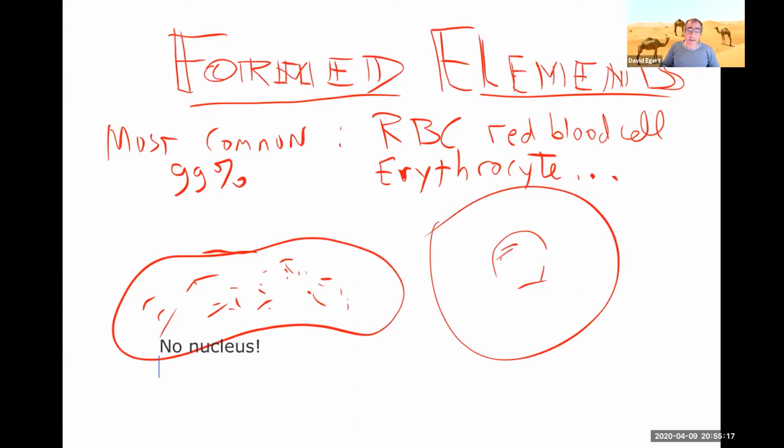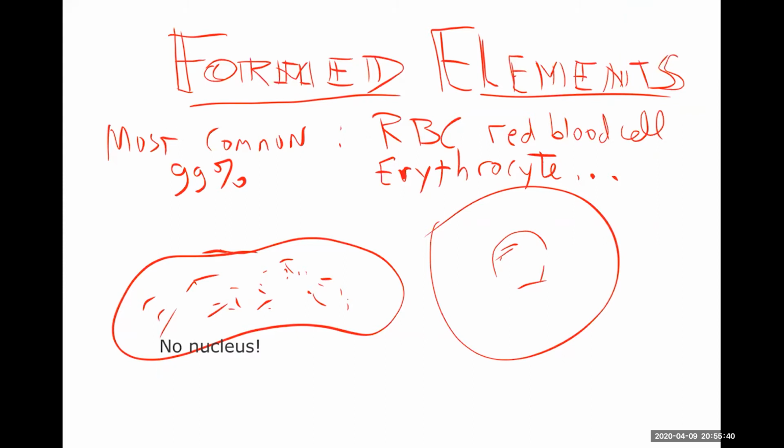It actually has very little metabolic needs. So it doesn't even have the main, what organelle would it need if you wanted to do aerobic respiration? If you wanted to make ATP using oxygen, what's the main organelle you would use? Mitochondria.